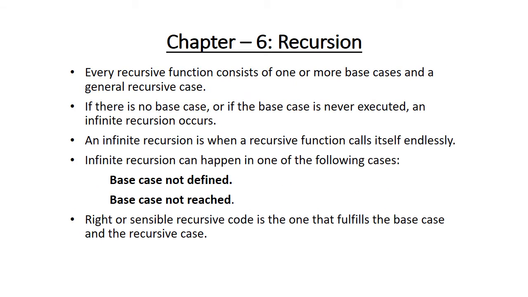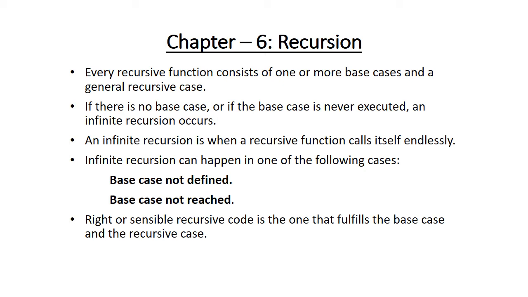Every recursive function consists of one or more base cases and a general recursive case. If there is no base case, or if the base case is never executed, an infinite recursion occurs. An infinite recursion is when a recursive function calls itself endlessly.